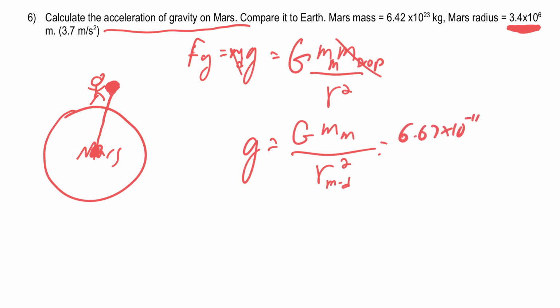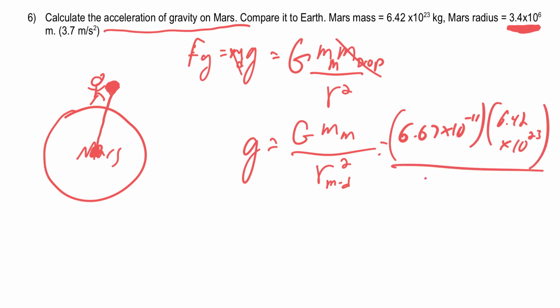6.67 times 10 to the negative 11th. Mass of Mars was given to be 642 times 10 to the 23rd. And then we'll divide by the radius, 3.4 times 10 to the 6th. Don't forget to square that out. And when you do, you get a little g of about 3.7. Okay.